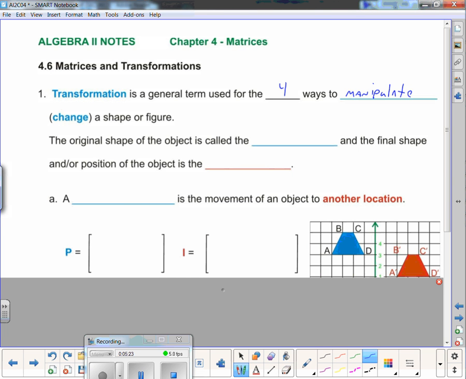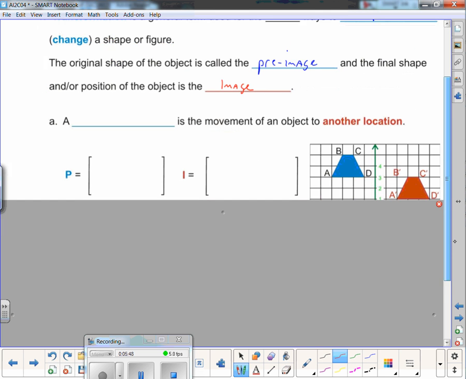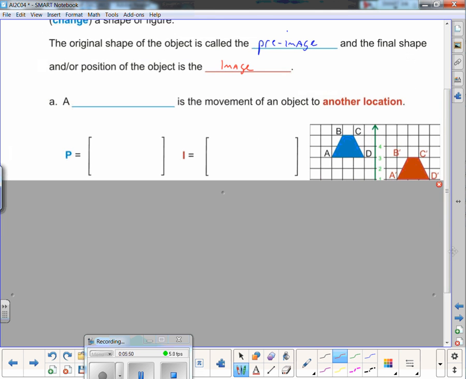The original shape of the object is called the pre-image. And the final shape and or position of the object, depending upon how you transform it, is called the image. You've got a pre-image and an image.